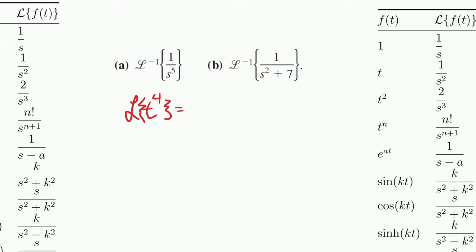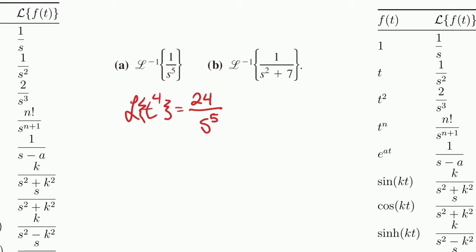So let's see. Madison, can you tell me what the Laplace transform of t to the 4th is, using this formula here? Okay, very nice. So you've got 4 factorial, which is 24, over s to the 5th. Perfect. So this is the Laplace transform of t to the 4th.